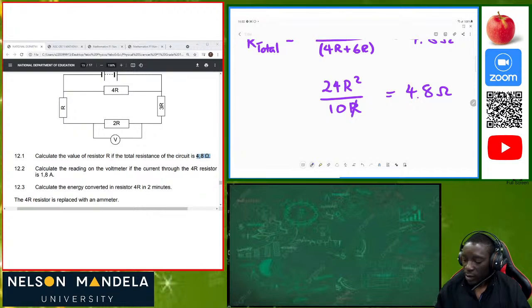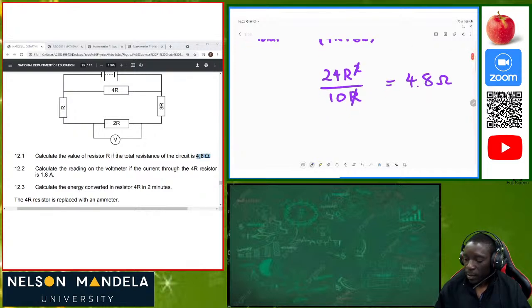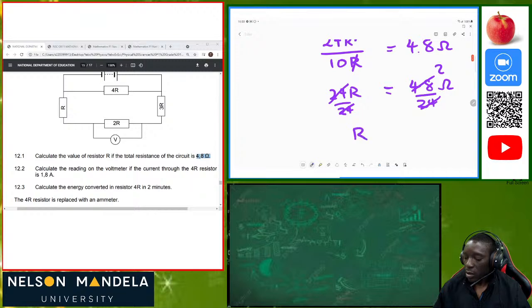So we remove this 1R and we have 24R equals 4.8 times 10, which is 48 ohms. Divide by 24 both sides. That's 1 and that's 2. So the resistor R is 2.0 ohms.